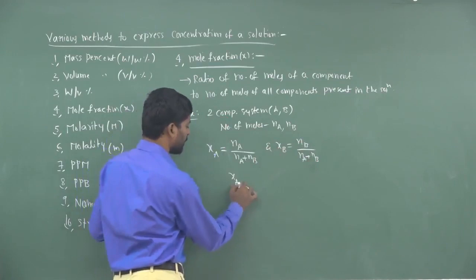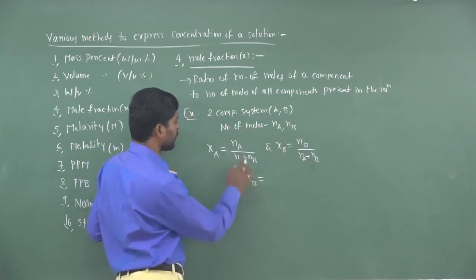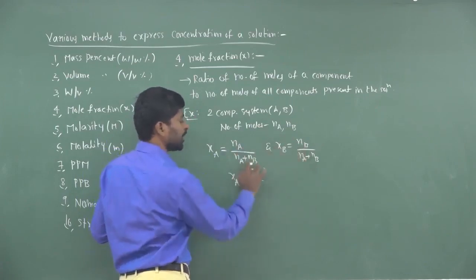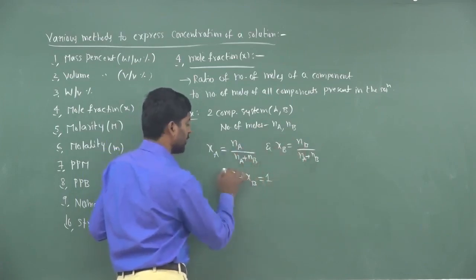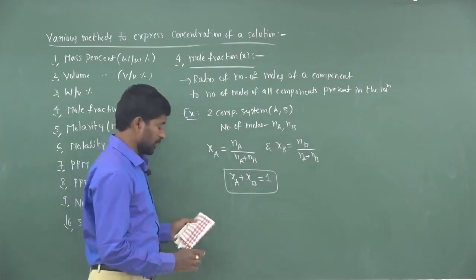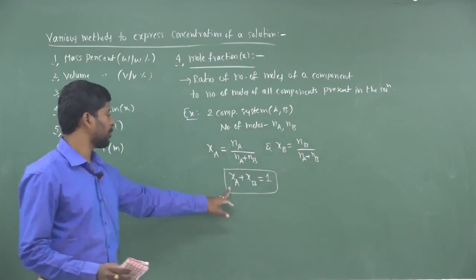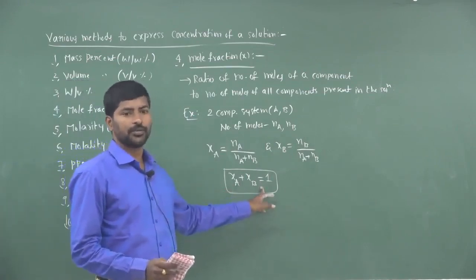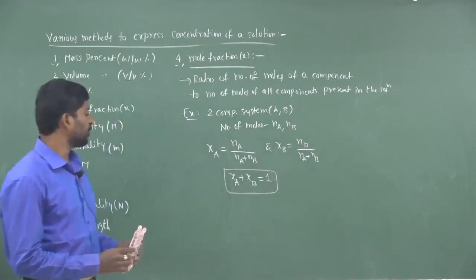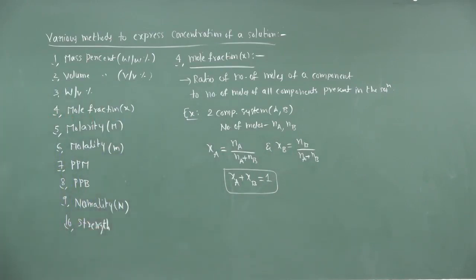What about the sum of the mole fractions? 1. Sum of the mole fractions is always 1: Na plus Nb by Na plus Nb. If 60% of A is present in the solution and 40% of B, then mole fraction of A is 0.6 and mole fraction of B is 0.4. So always the sum of the mole fractions of all components present in the solution is equal to 1.